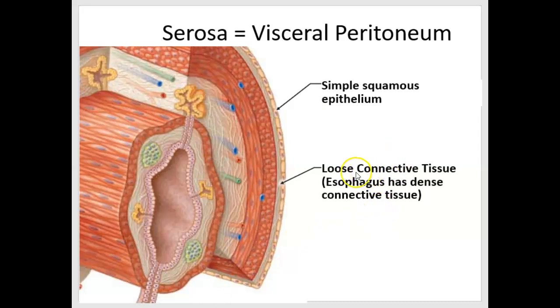In some locations, the serosa is thickened with extra connective tissue. And when that occurs, we call it adventitia, but you'll never have to worry about when is it a serosa and when is it an adventitia. We won't go into that detail. We'll just call it serosa.